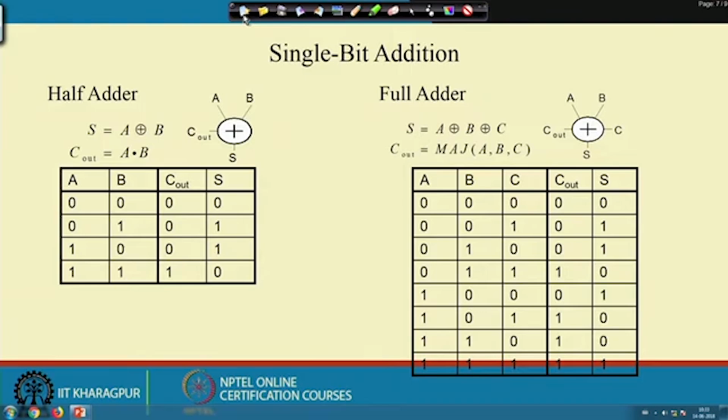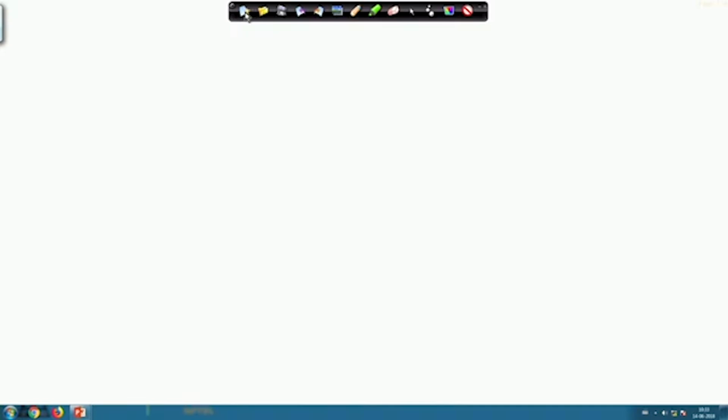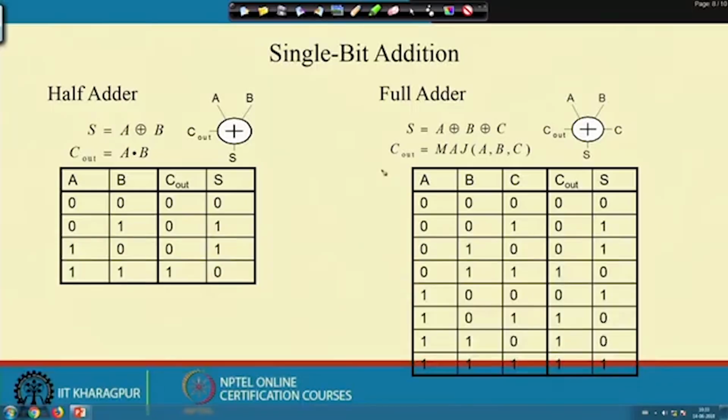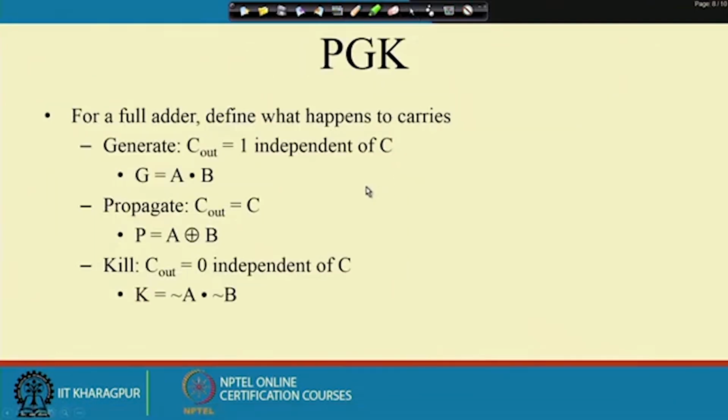Then, for a full adder, what happens to these carry values?